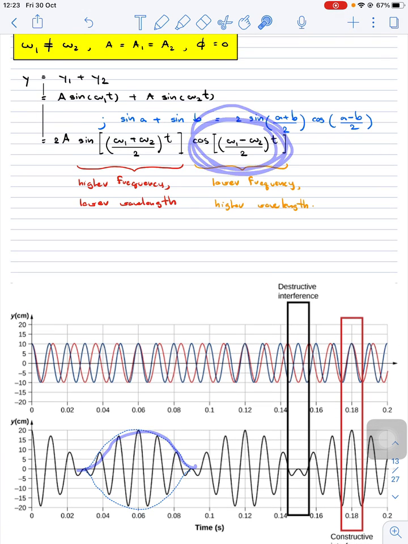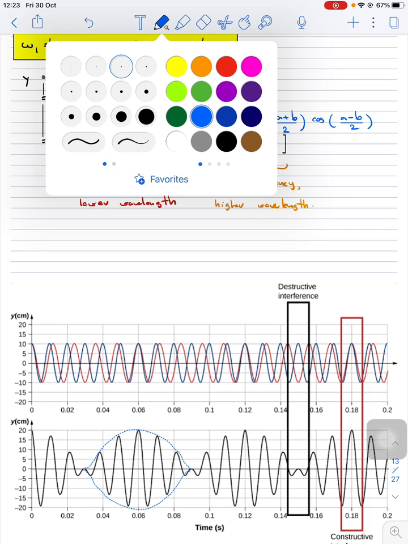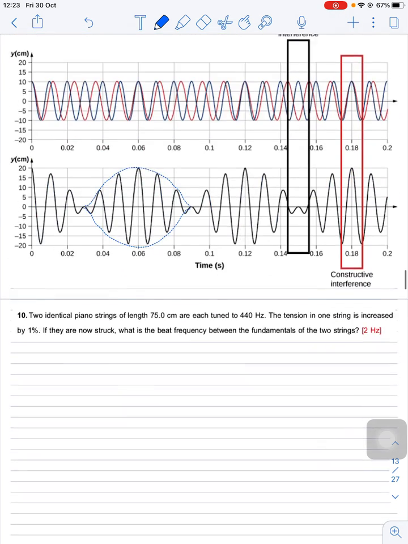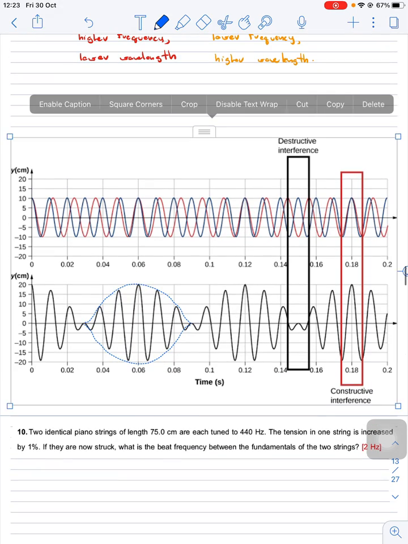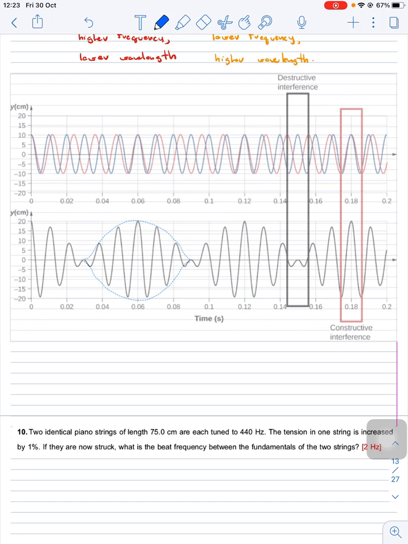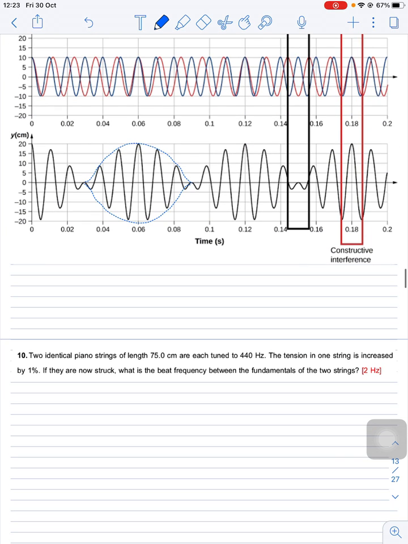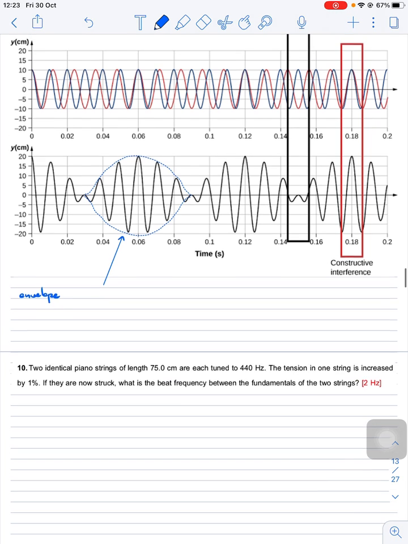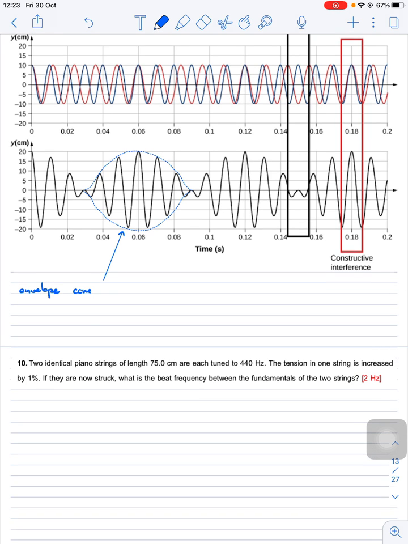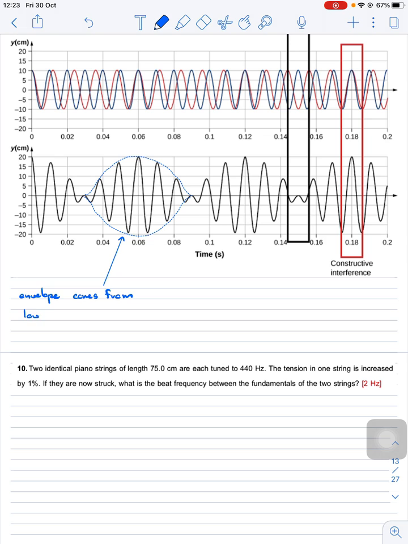Let me take a note. Now this envelope just comes from the lower frequency term.